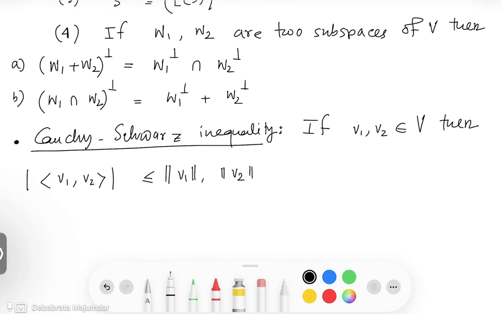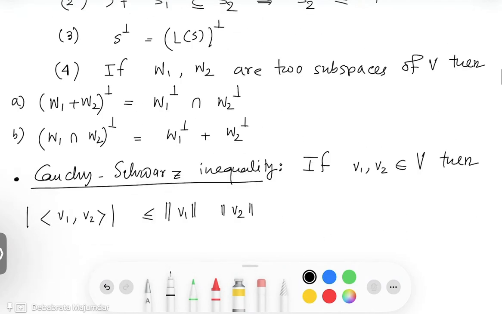And do you know what is the meaning of norm? When I am putting norm, what is the meaning of norm? Basically, this is root over of this. Okay, and this.